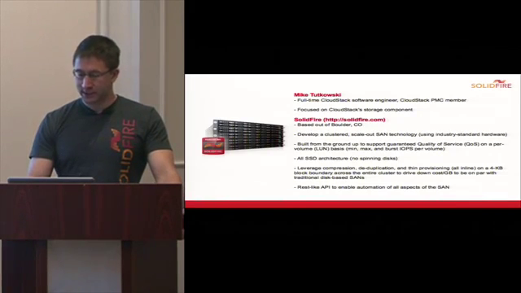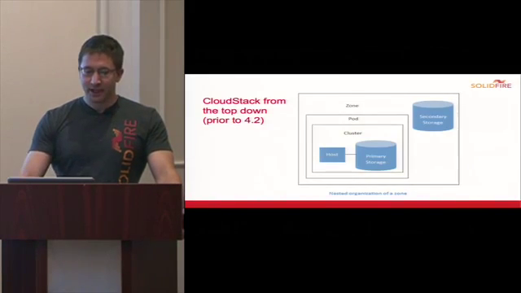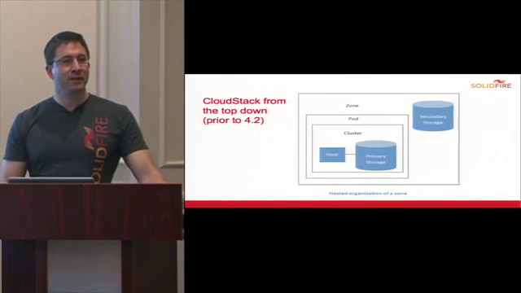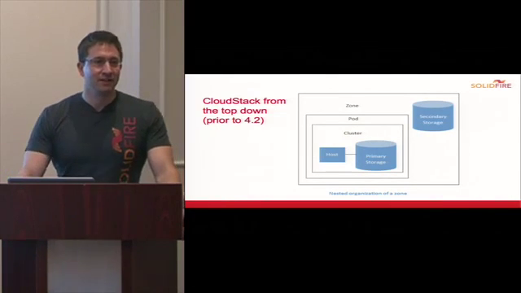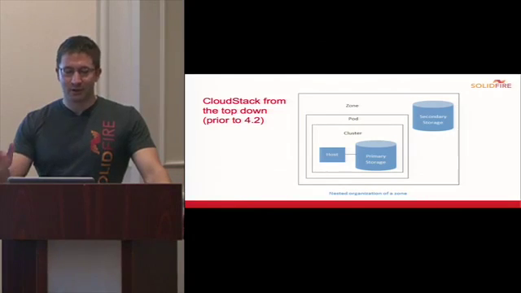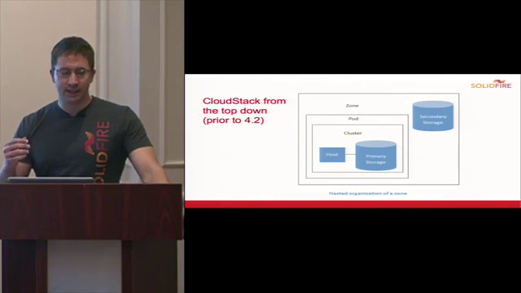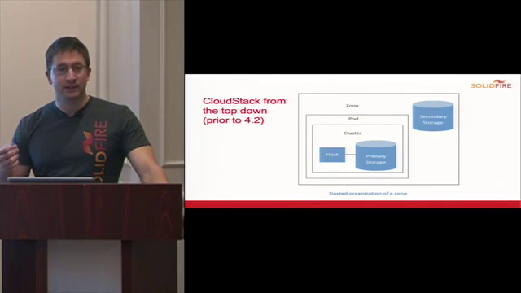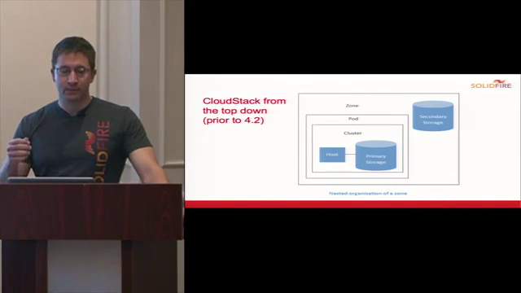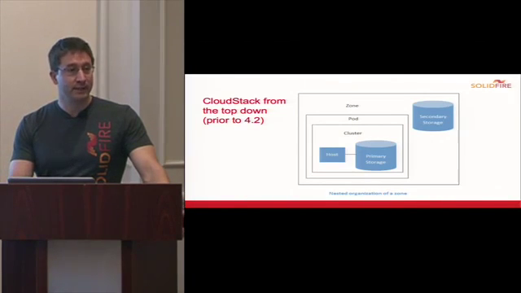Again, for the sake of time, I'm going to move on. I'm not sure how familiar everybody is with the general architecture of CloudStack, so I'll spend a moment here mentioning the concept of zones, pods, and clusters. So a zone, an availability zone, would be essentially your data center. The pod would be a rack within your data center.